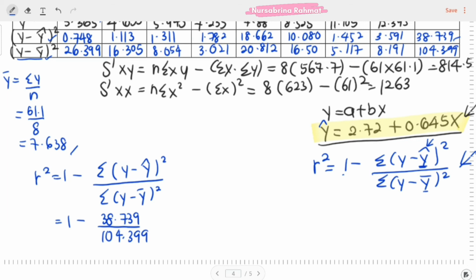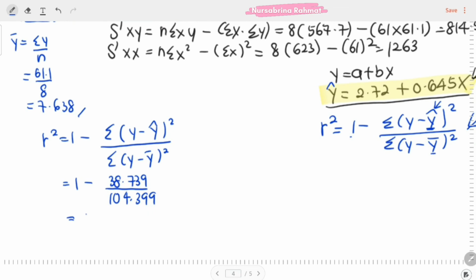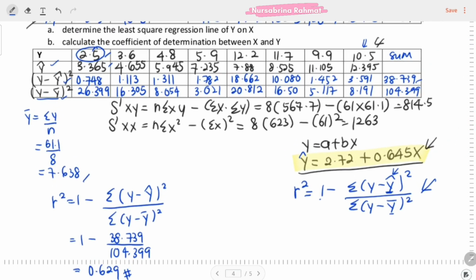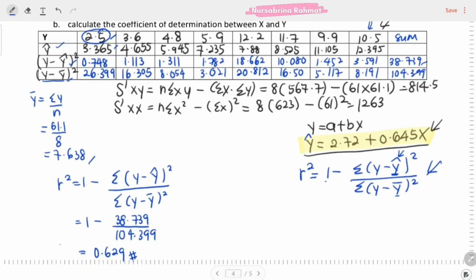So you get a positive number, 0.629. So r square will always be a positive number. This is your coefficient of determination.